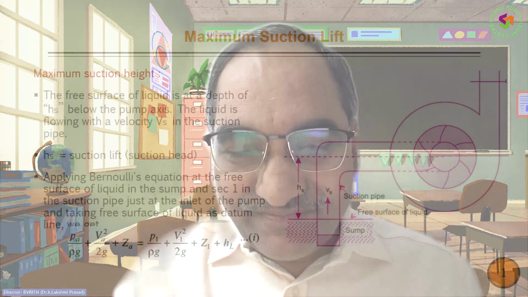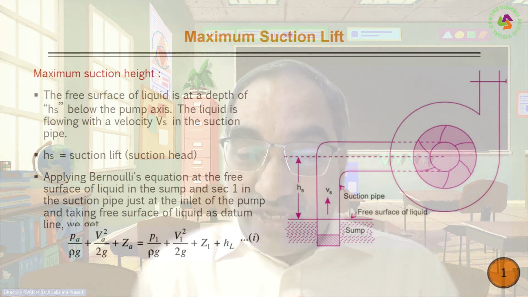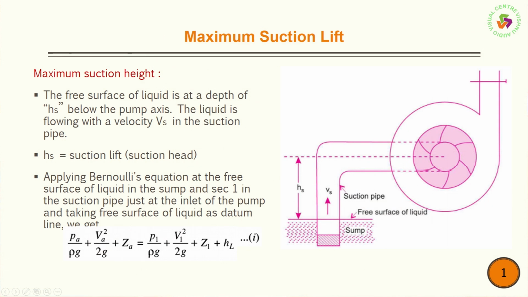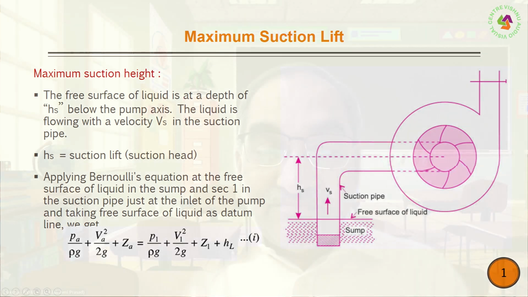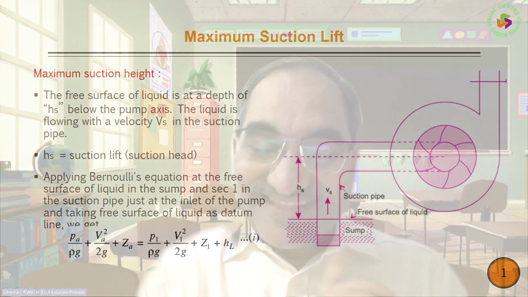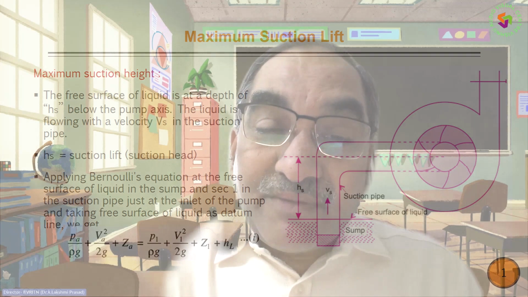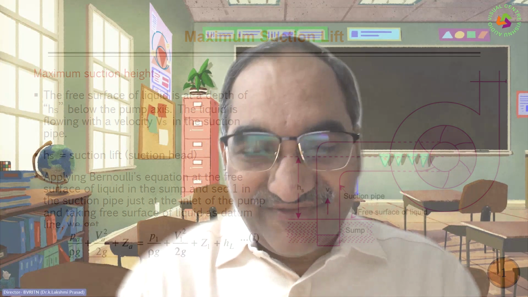Definitely no. The pressure at the inlet of the pump should never be equal to or less than the vapor pressure of the liquid. Every liquid has some vapor pressure.